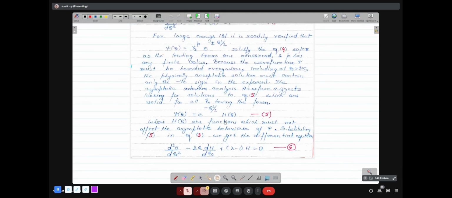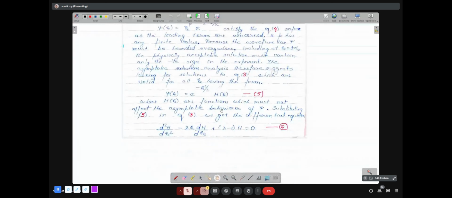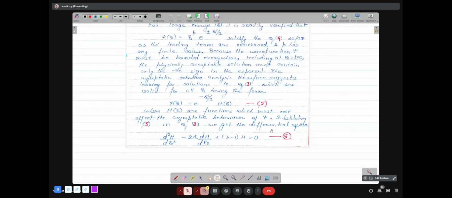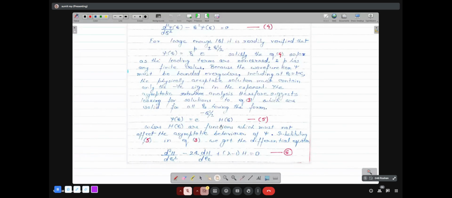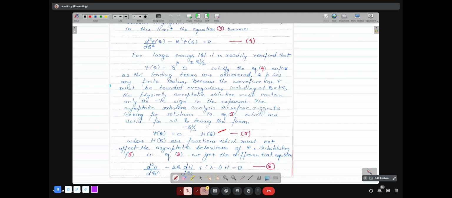Where h of zeta are functions which must not affect the asymptotic behavior of psi. मतलब ये कोई ऐसा वैल्यू होगा जो इसके asymptotic behavior को affect नहीं करेगा. मतलब जीटा टेंडिंग टू इंफिनिटी पर वेव फंक्शन 0 फिर भी आएगा, इसका कोई भी वैल्यू हो. Substituting 5, this is the solution that we have in equation 3, we get the differential equation like this. इस इक्वेशन को जो सॉल्यूशन है हमारा, लेकिन ये सॉल्यूशन सिर्फ कहां पर होल्ड करेगा?